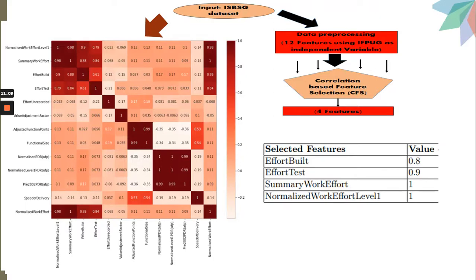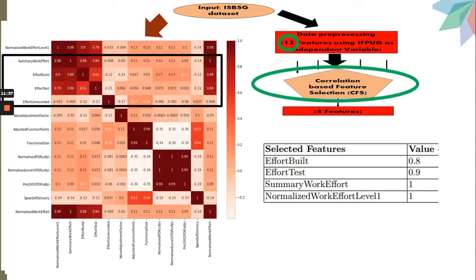Only features having a correlation larger than 0.4, taking into account absolute value, with the output variable are selected. For the IFPUG dataset, the correlation-based feature selection algorithm selects 4 out of 12 features.